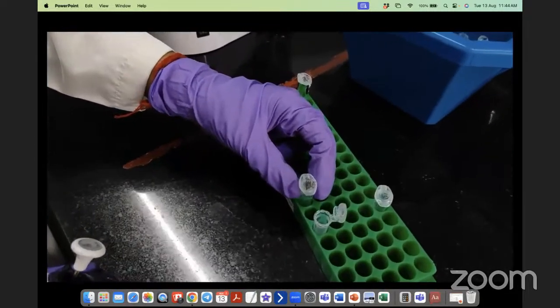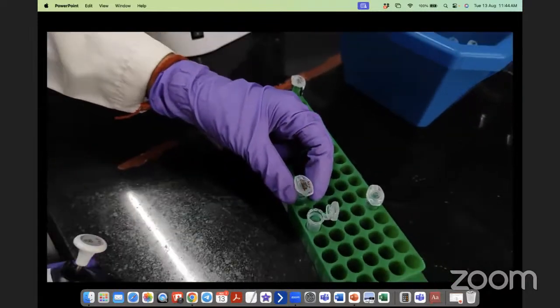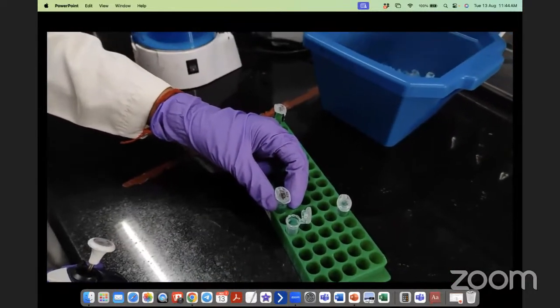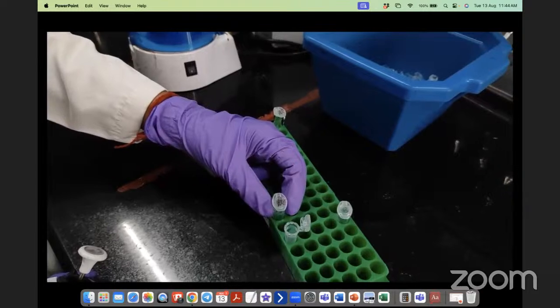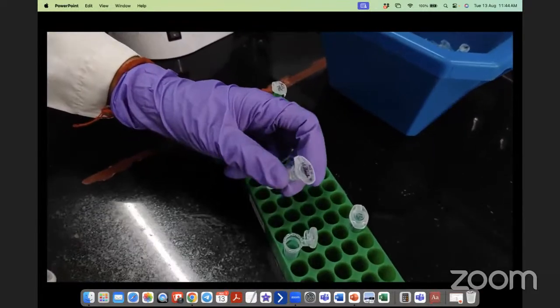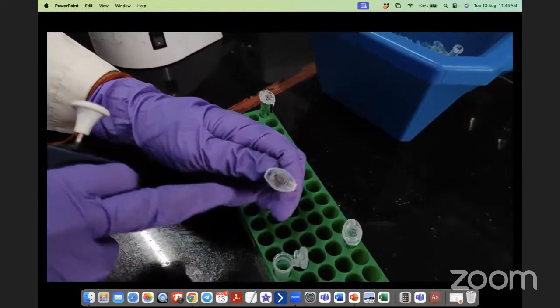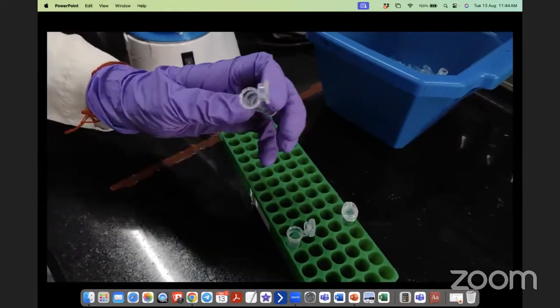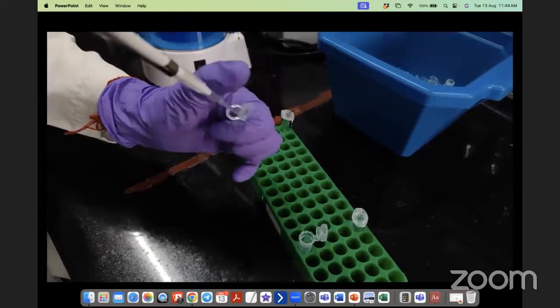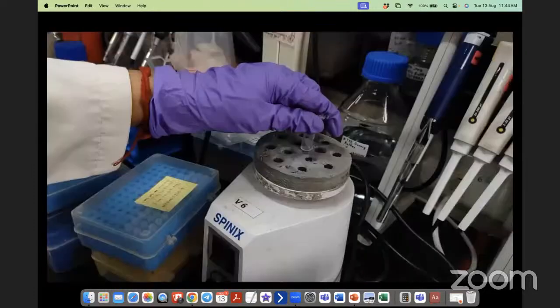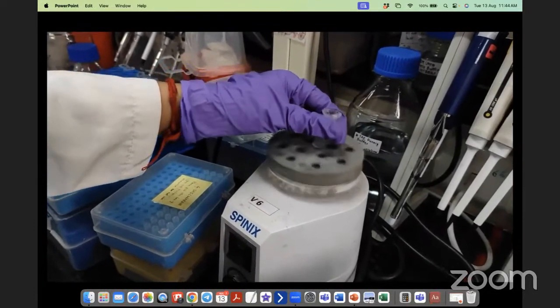Before doing the actual steps in digestion, we need to go through two steps, that is reduction and alkylation of proteins. For reduction, here we are using TCEP, that is tris-carboxyethyl phosphine. Appropriate volume of TCEP is added. The sample is properly vortexed and spun.